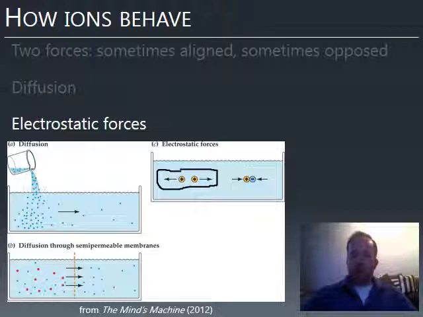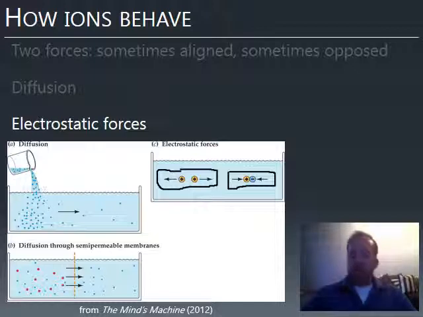They're the same charge, and so they push each other apart. But if they're oppositely charged, those tend to attract one another. So positive ions tend to move toward negative ions and vice versa. So you have these attractive and repulsive forces based on the charge of the particle, of the atom.